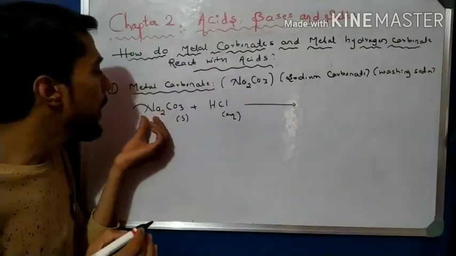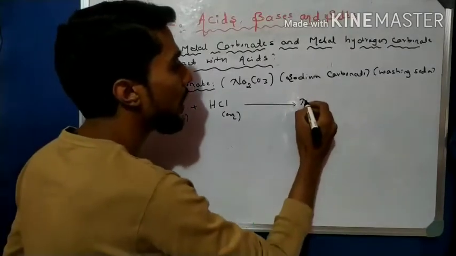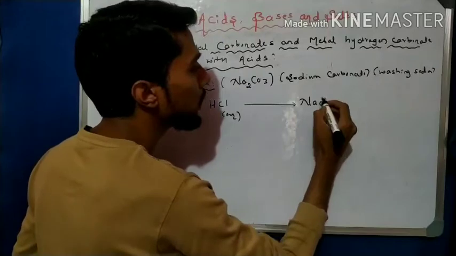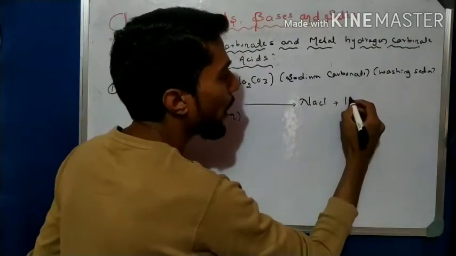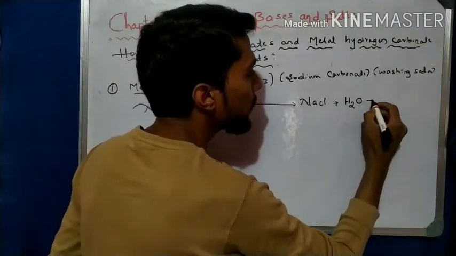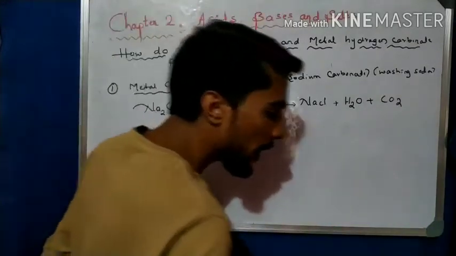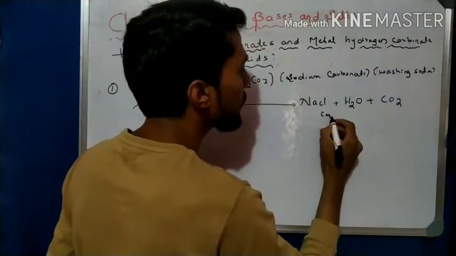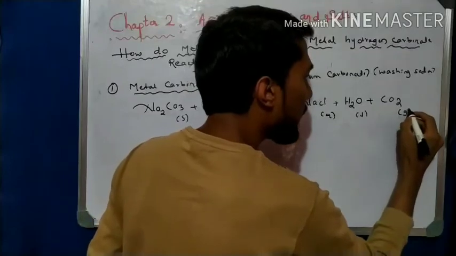When Na2CO3 reacts with hydrochloric acid, we observe that salt is formed, plus H2O, water is formed, plus carbon dioxide gas is liberated. Here the solution is aqueous, this is liquid, and this is a gas.